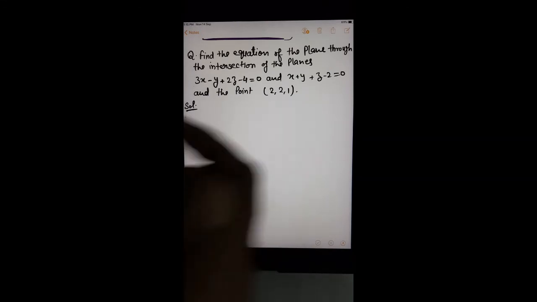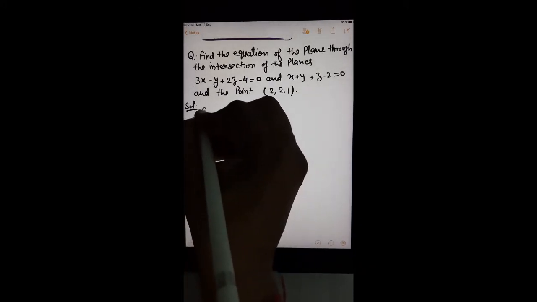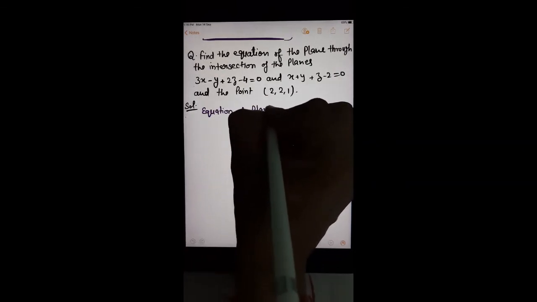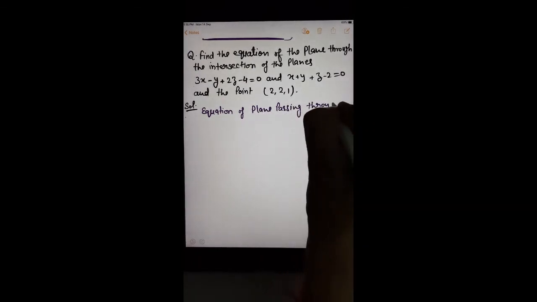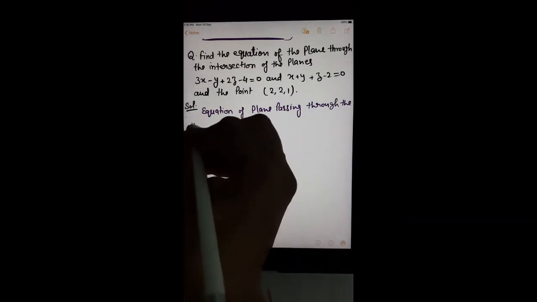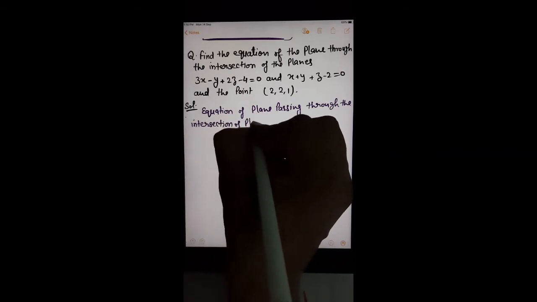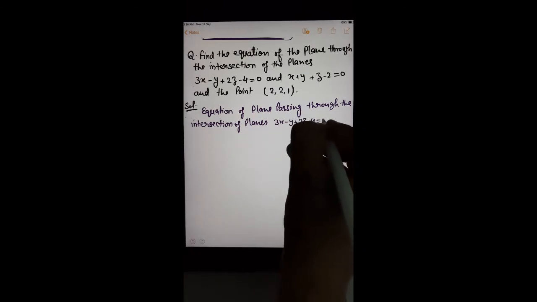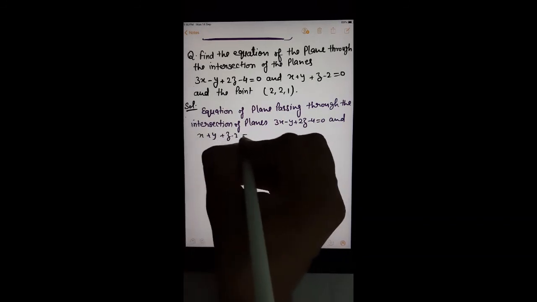So first of all, if a plane is passing through the intersection of 2 planes, then we can find the equation of the plane passing through the intersection of planes 3x minus y plus 2z minus 4 equal to 0 and x plus y plus z minus 2 equal to 0.